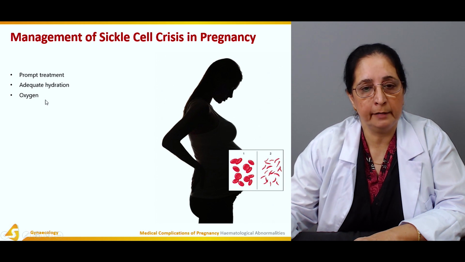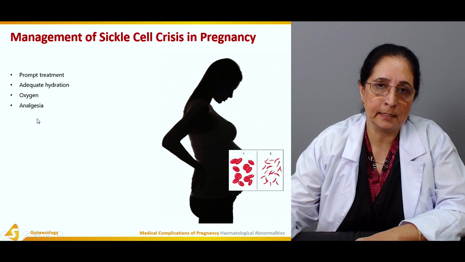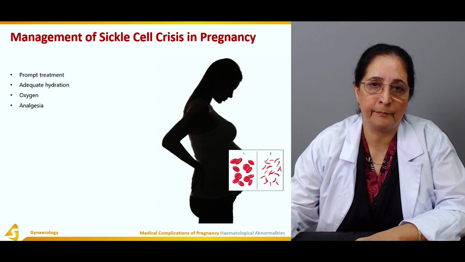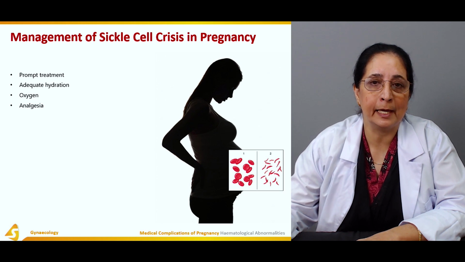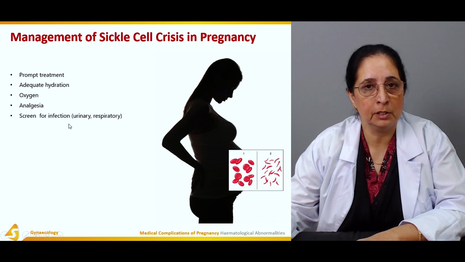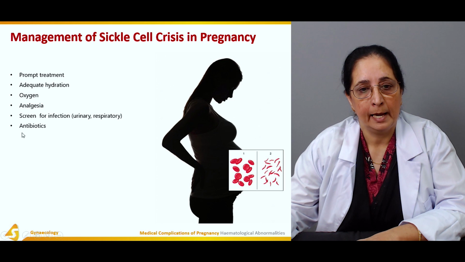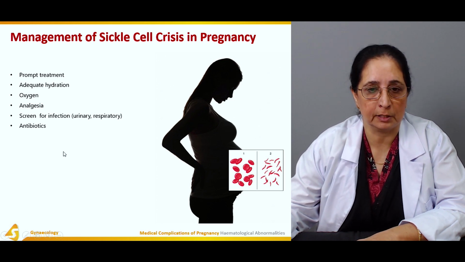Oxygen should be given to the patient. Analgesia: crises are painful and patients complain of pain, so analgesia to relieve that pain should be given. Screen for infection, urinary tract or respiratory tract infection. Antibiotics should be given if there are any infections.